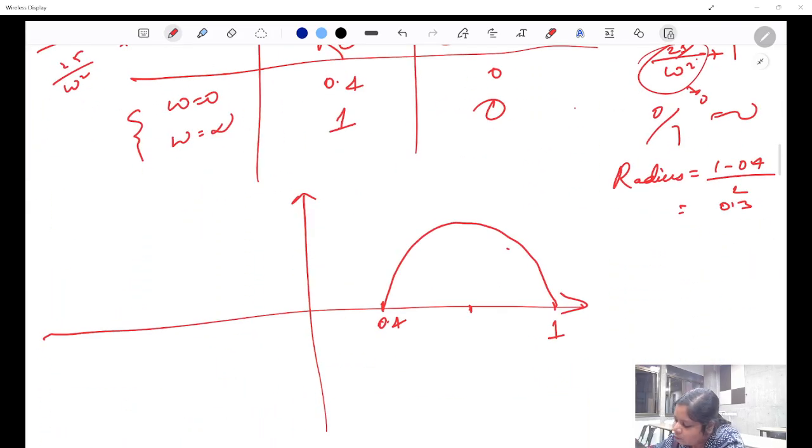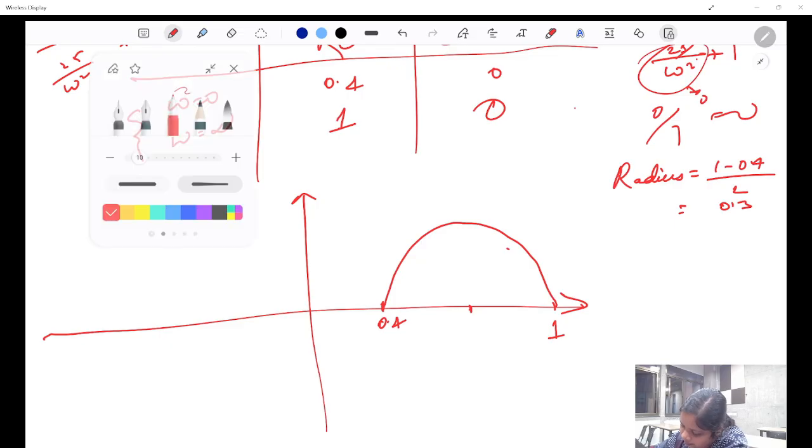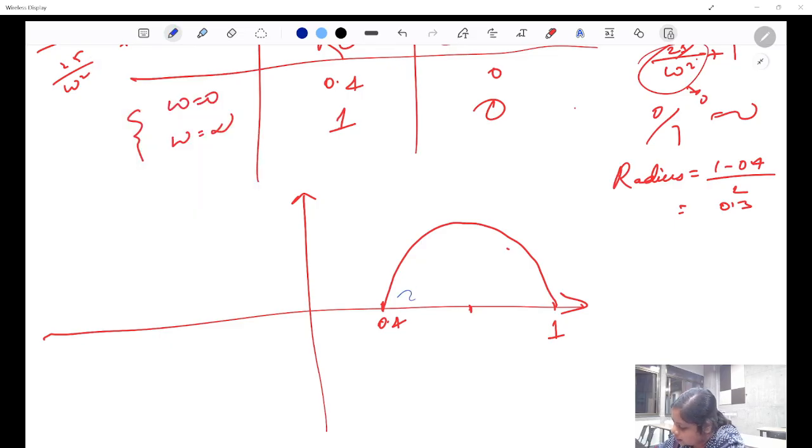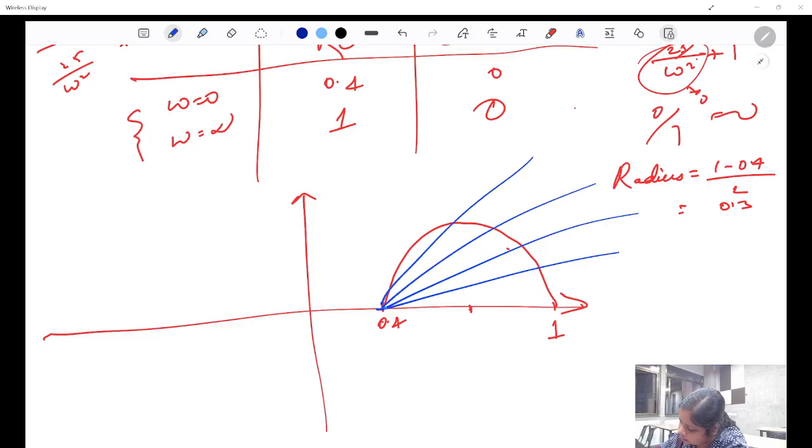So maximum phase lead means if we draw multiple lines from here, this, this, this, sorry, I made a mistake.